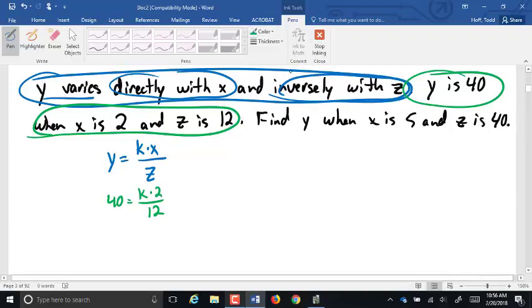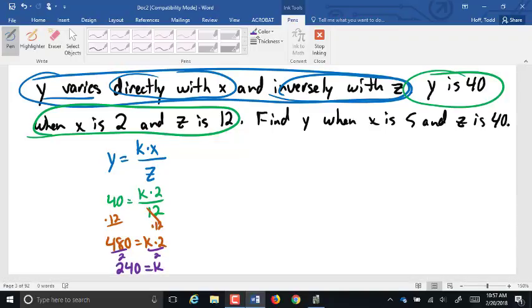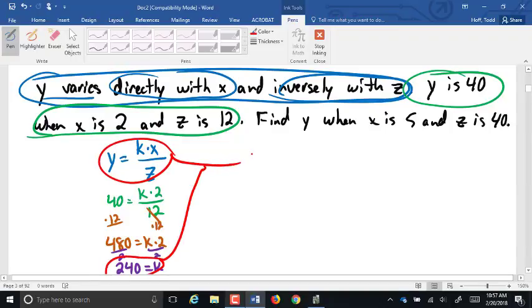Now here, there's a lot of things I could do. I'm just going to do a two-step process. I'm going to multiply by 12. So that's 480 equals k times 2. And then I'm going to divide by the 2. So 240 equals k. I could have combined the 2 and the 12 to get divided by 6, but it's easier just to multiply by the denominator and divide by the numerator. So y equals 240 times x divided by z.